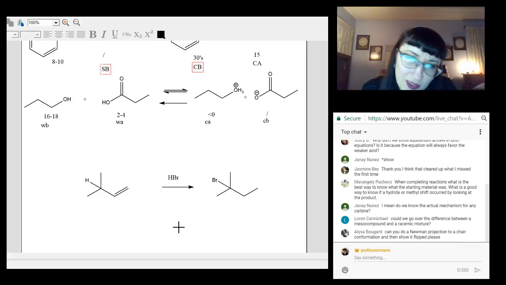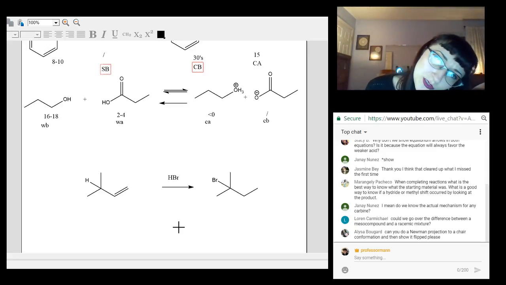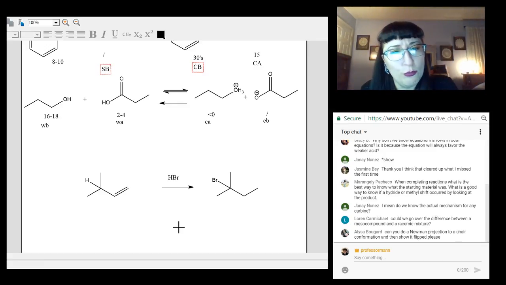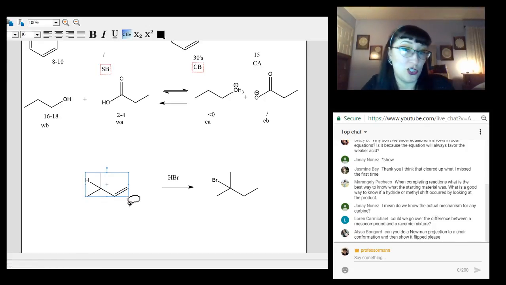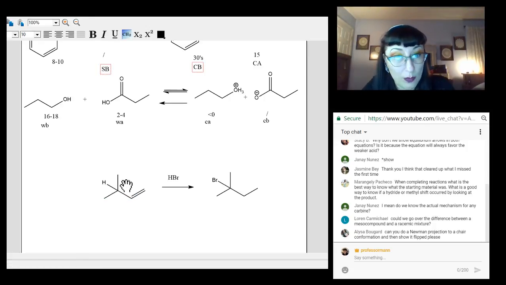So this 3-methyl-but-1-ene is a really strange molecule for doing addition reactions because the double bond along any of those will still give you the same exact product. But you just have to be aware and recognizing those, okay? And that just takes a lot of practice, which is why you guys have all those problems in the book to work.